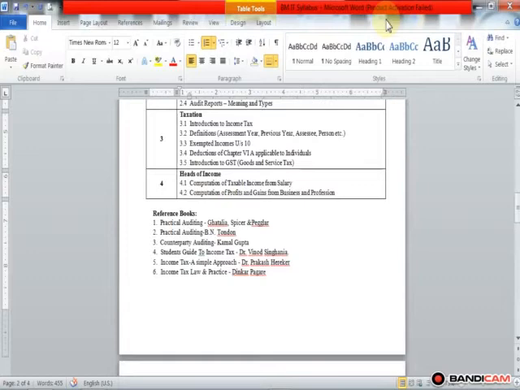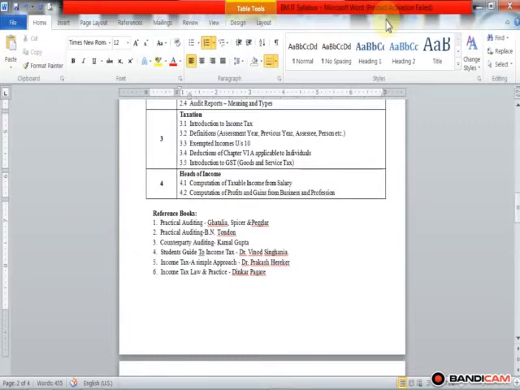According to the Income Tax Act 1961 we also study in our unit number 3rd the exempted income from tax, or the income that is tax free under section 10. 3.4 Deductions of chapter 6A applicable to individuals, which includes the deductions available for individuals under section 80C to 80U.